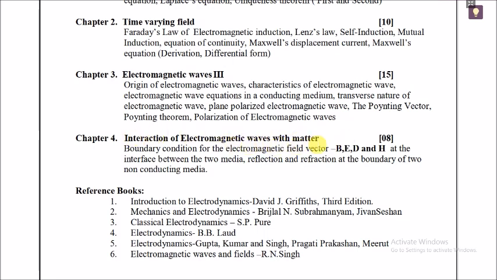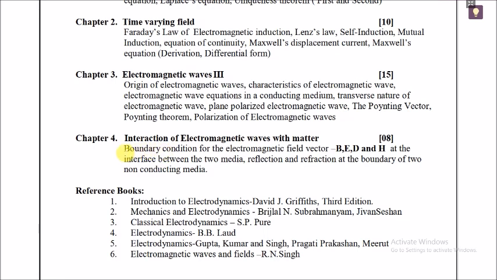So this chapter is a brief introduction to electromagnetic wave interaction with matter, in which the boundary condition of electromagnetic field vectors, meaning when light is passing from one medium to another medium, there must be a boundary between these two media. So what happens to that electromagnetic wave at that boundary is called the boundary condition.